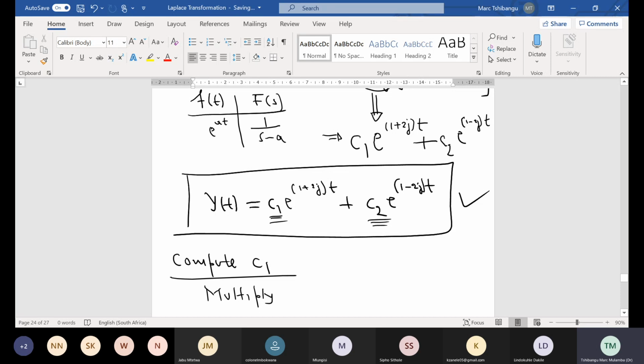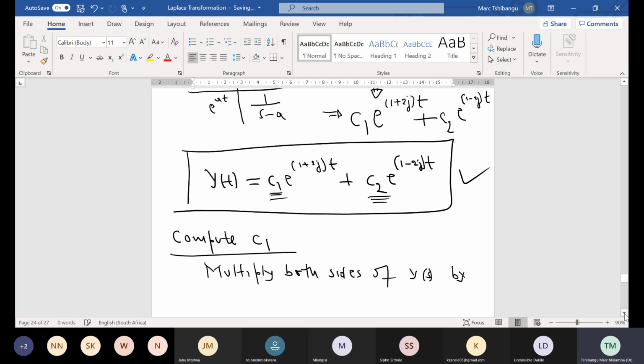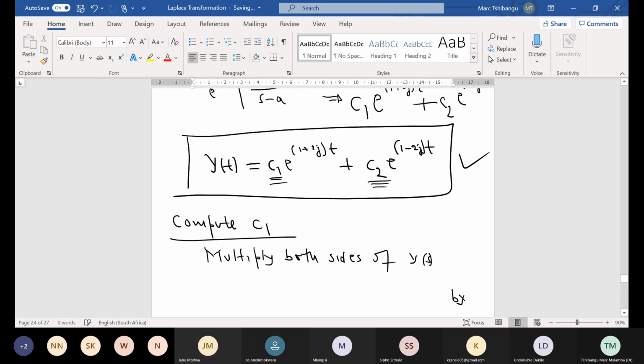both sides of Y of s by s minus (1 plus 2j), and then set s to be 1 plus 2j.